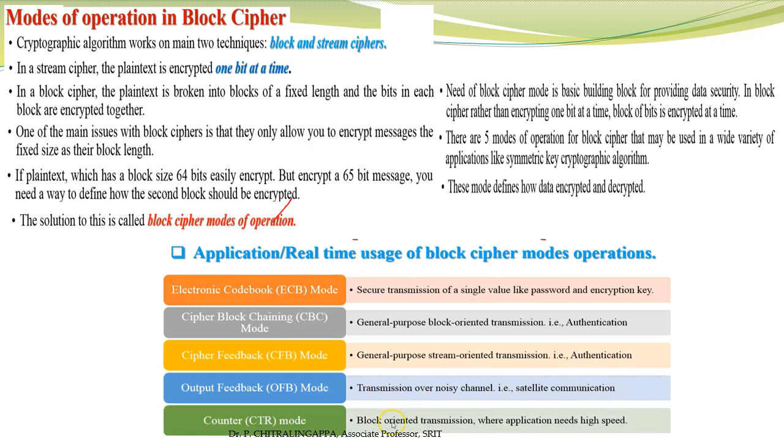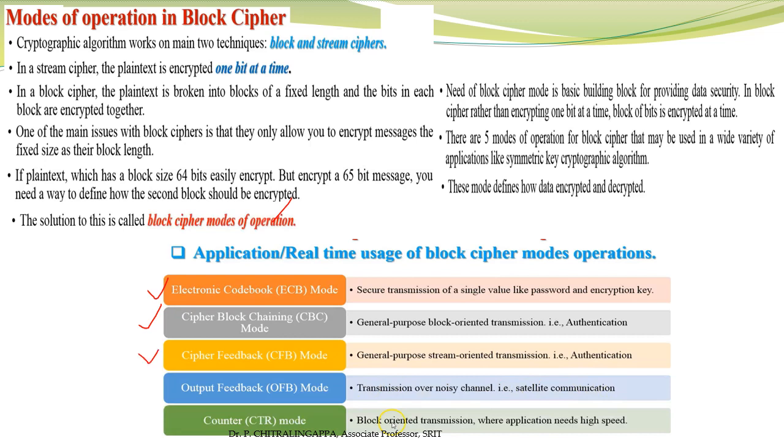One is the electronic code book mode, for secure transmission of a single value like a password or encryption key. Cipher block chaining mode, general purpose block oriented transmission, which is used for authentication purposes.